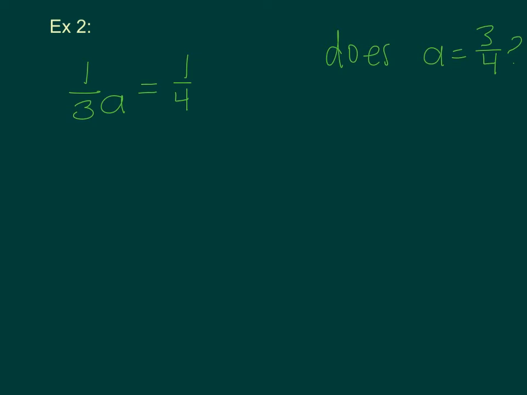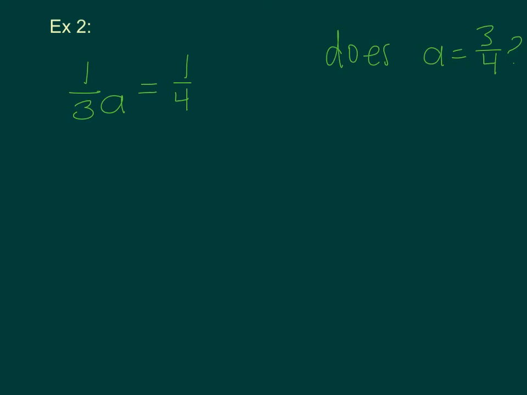Hopefully you said 1/3. The coefficient is multiplied by the variable. It's that number right next to the variable. So when I have 1/3 a, it really means 1/3 multiplied by a when they're right next to each other like that. So the question is, if a equals 3/4, is 1/3 a equal to 1/4?